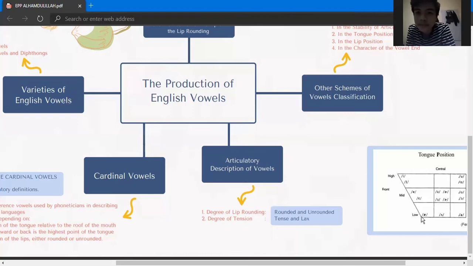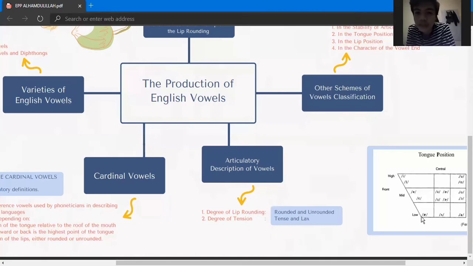The shape and position of the lips yields our third articulatory dimension, by which vowels are classified. The lips may be rounded or split in what is called labialization.